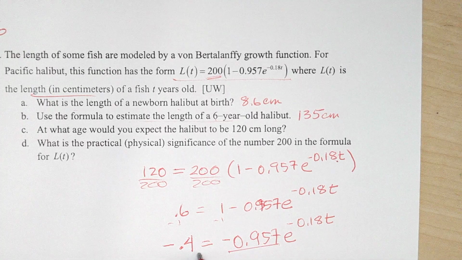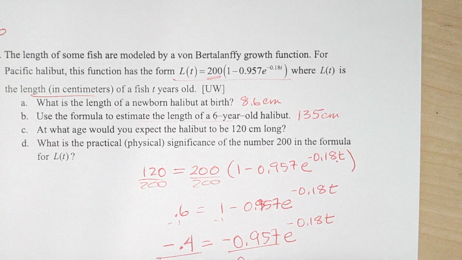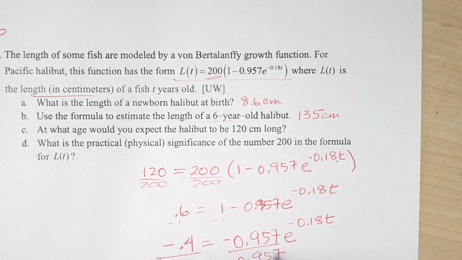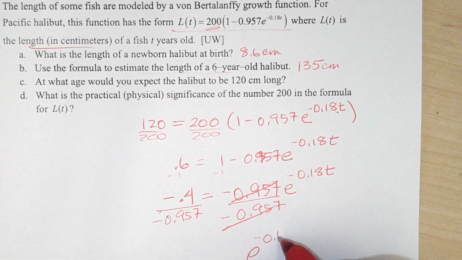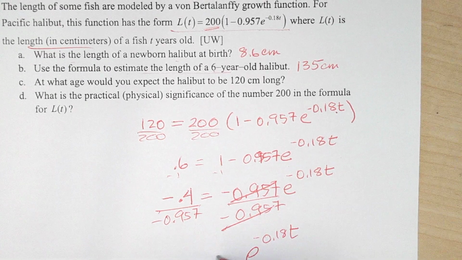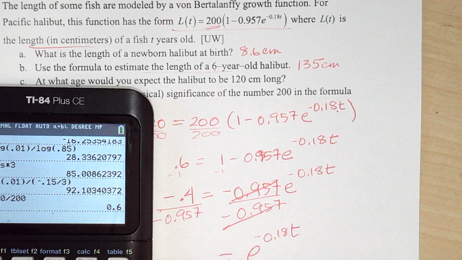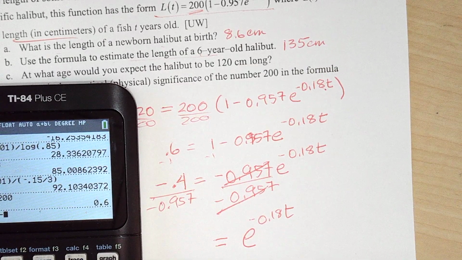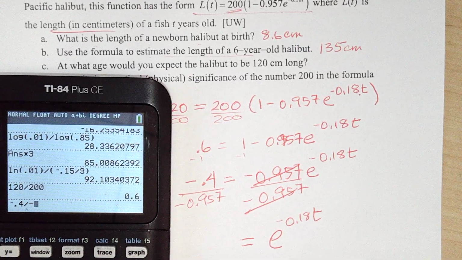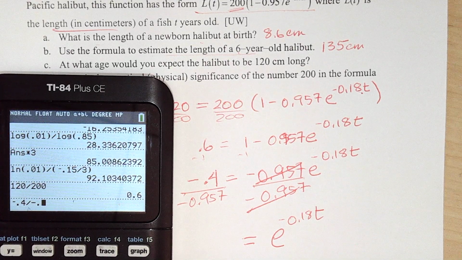Going to divide this number out. So I'm down to just e to the negative 0.18 t equals a number, negative 0.4 divided by negative 0.957.